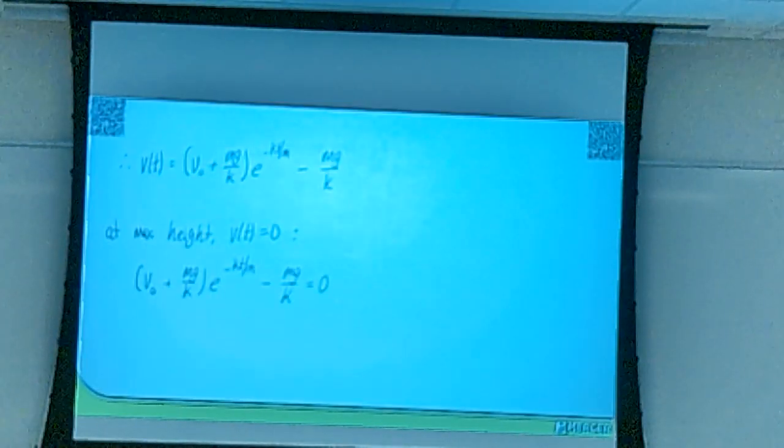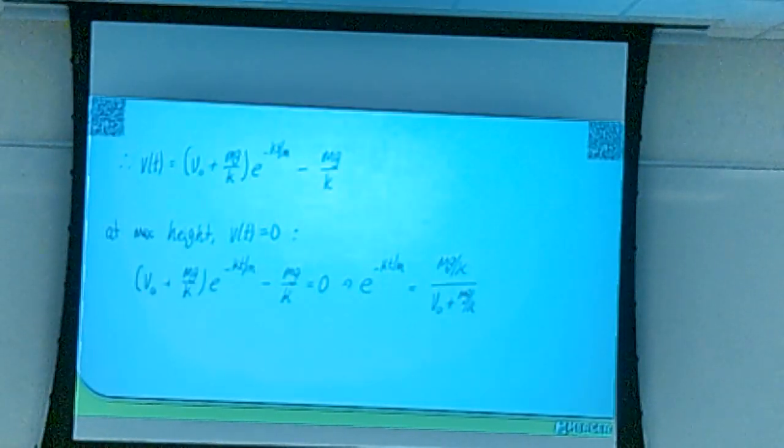Now we solve for t. I'm going to do two things at once. I'm going to isolate that exponential function. I'm also going to clear out the fraction because we don't like compound fractions.